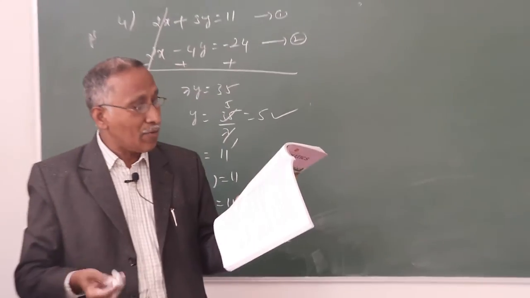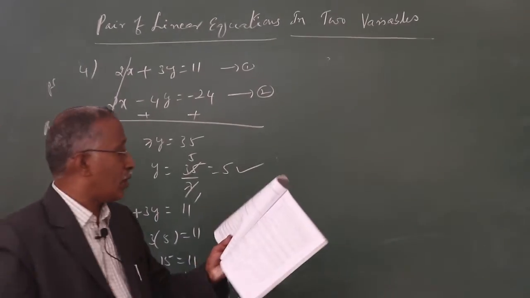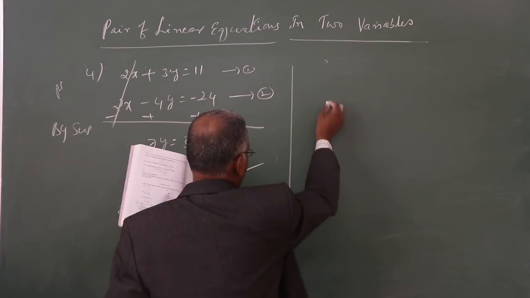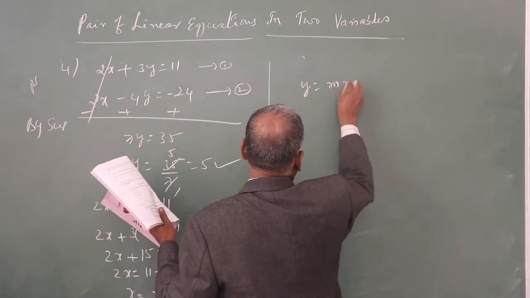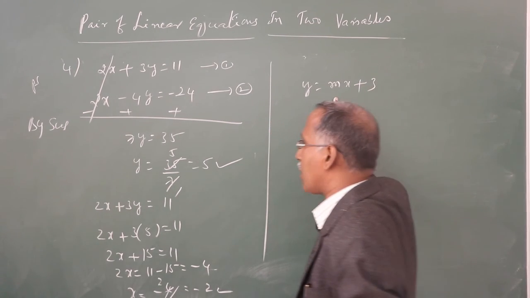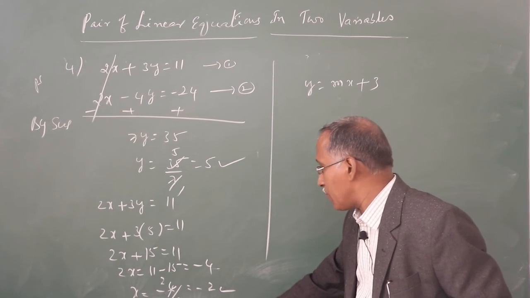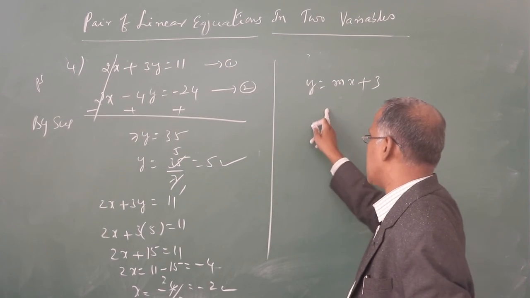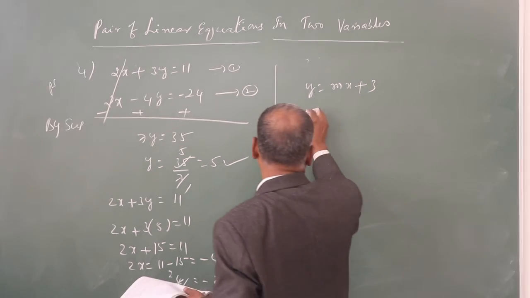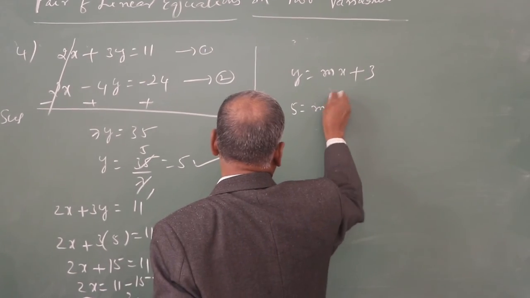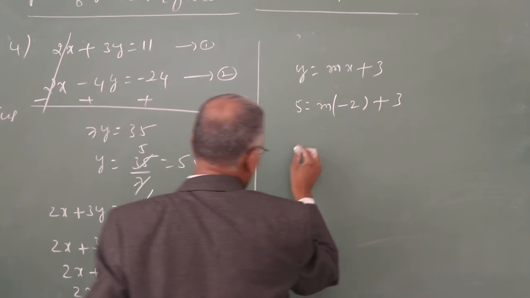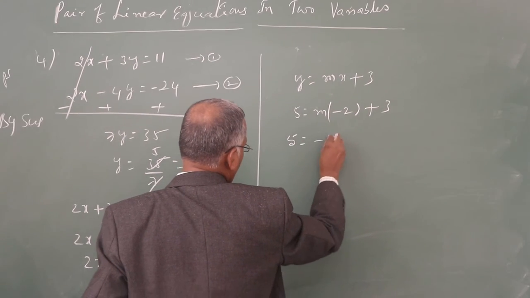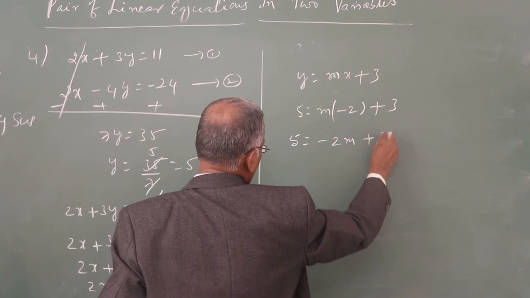Then find the value of m for which y equals mx plus 3. When y is equal to mx plus 3, we have to find the value of m, which means substitute the values x is equal to minus 2 and y is equal to 5 in this equation. Y is 5, m we do not know, x is minus 2, plus 3. 5 is equal to minus 2m plus 3.